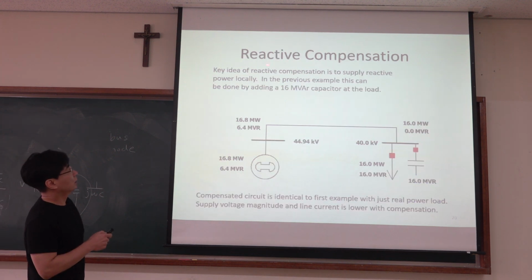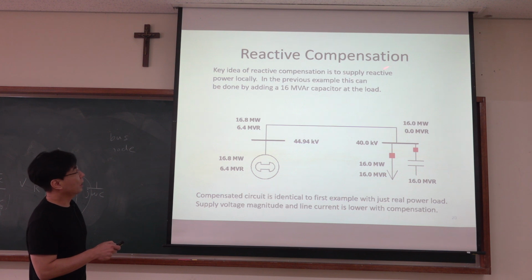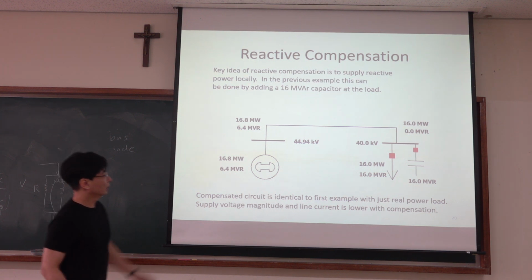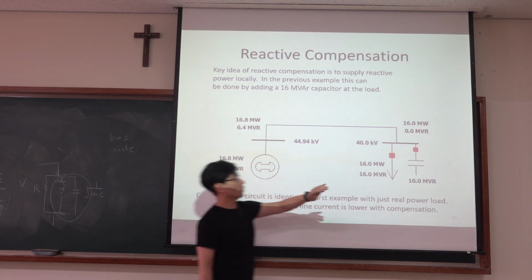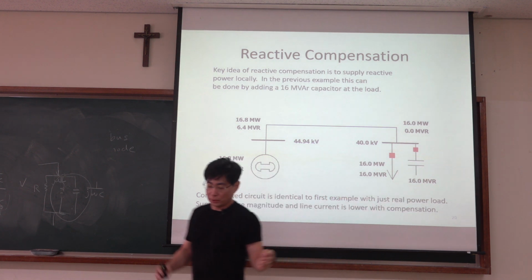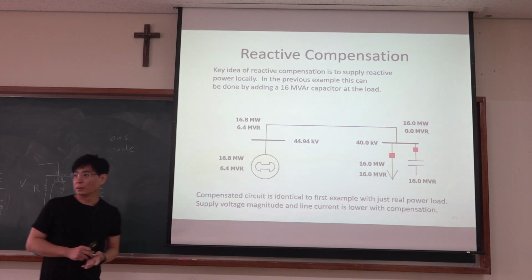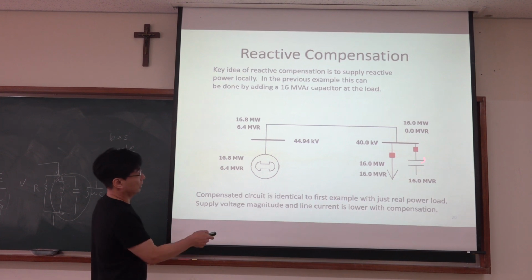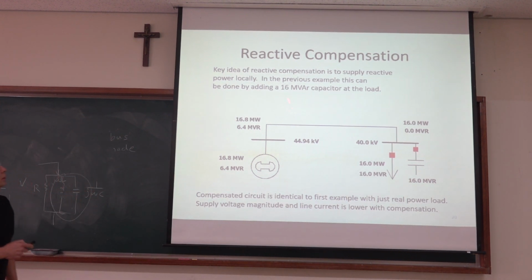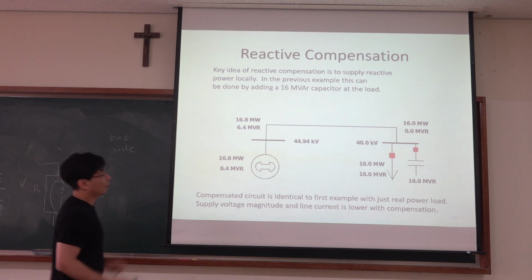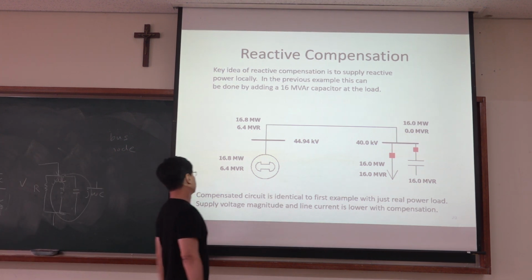Okay, the key idea of reactive power compensation is to supply reactive power locally, not from here, and that is easily done by just putting a passive capacitor at the load side. So in the previous example, this can be done by adding a 16 megavar capacitor at the load.